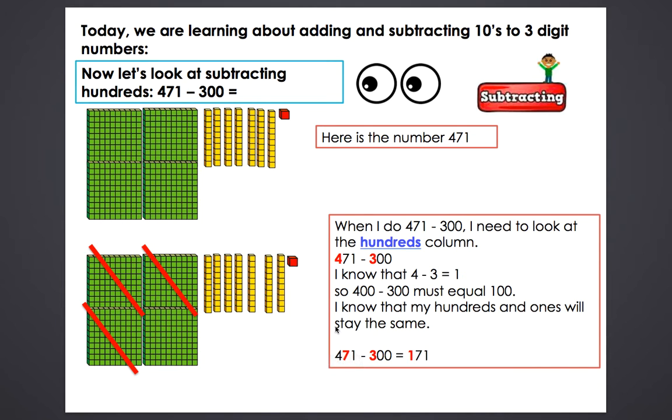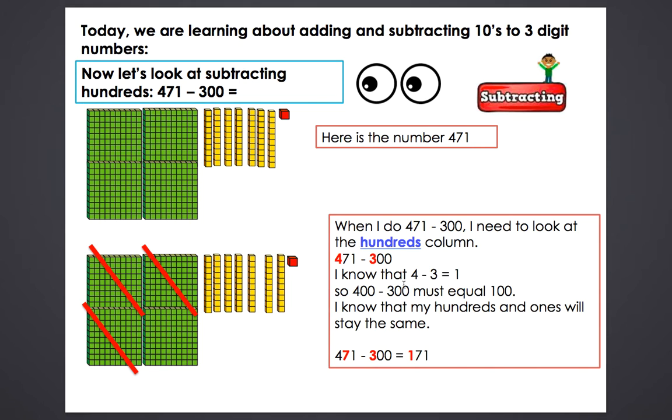Now, what we're going to do now is look at subtracting hundreds. So in this example, I've got the number 471. Okay, 4 hundreds, 7 tens, and 1 one. Then I'm going to subtract 300, which means take away 3 hundreds. And I can use my number fact that 4 take away 3 equals 1.